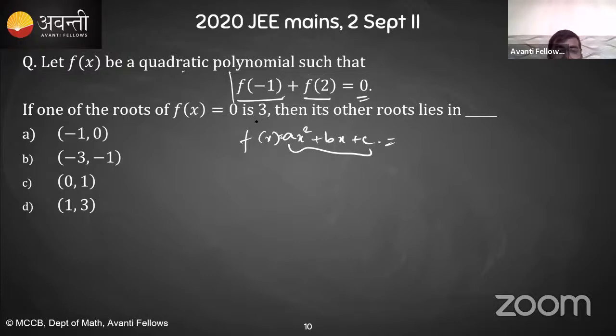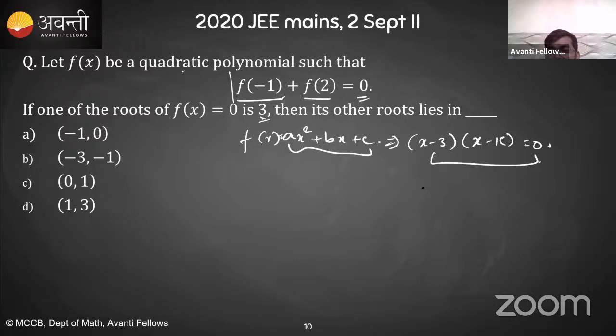Okay, so when one root is given to us as 3, can I write this equation as x minus 3 into x minus k equals to 0? Correct? If 3 is the root of this equation, that means x minus 3 is a factor. Now f of minus 1 plus f of 2 is 0.